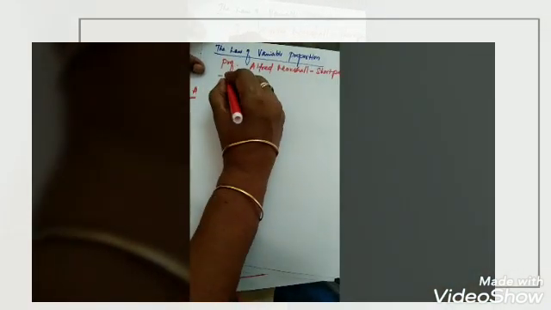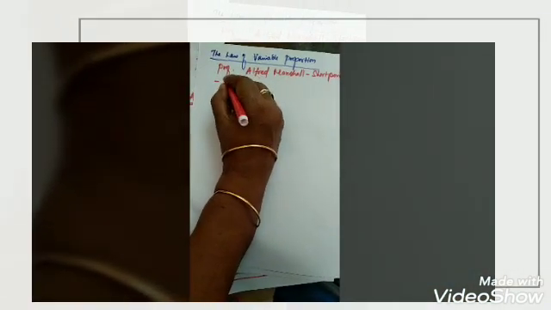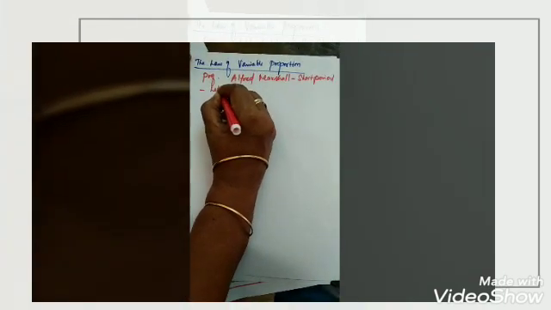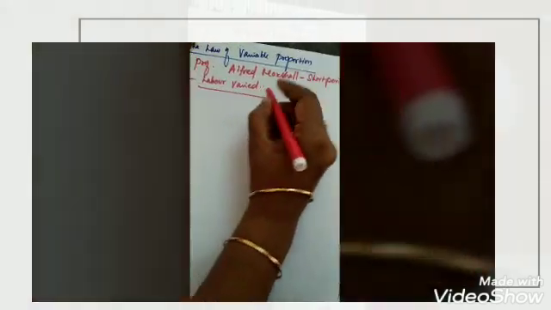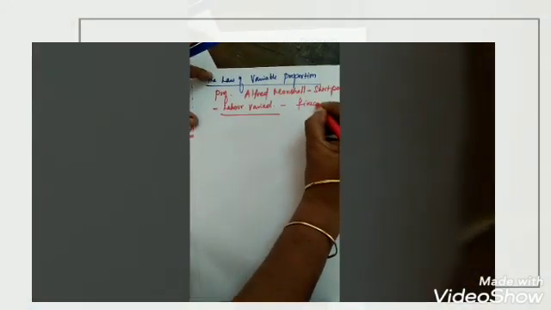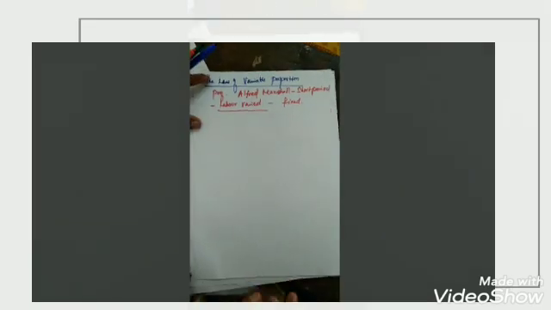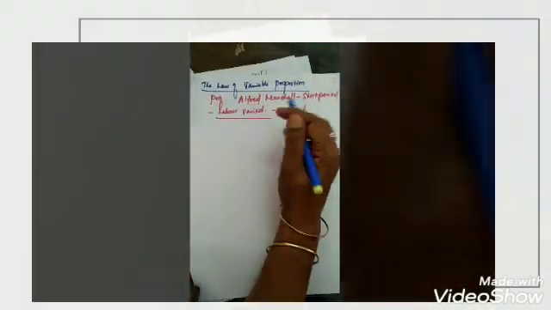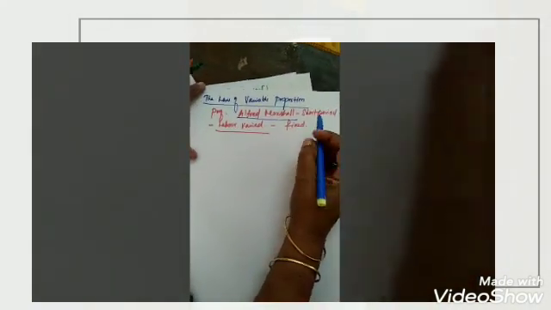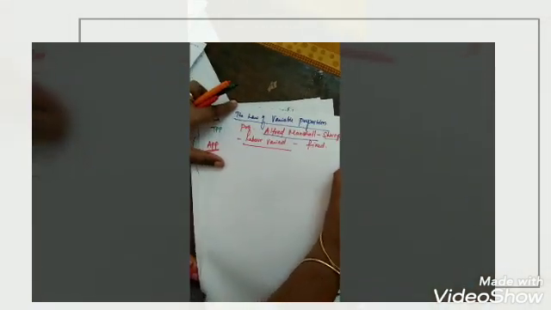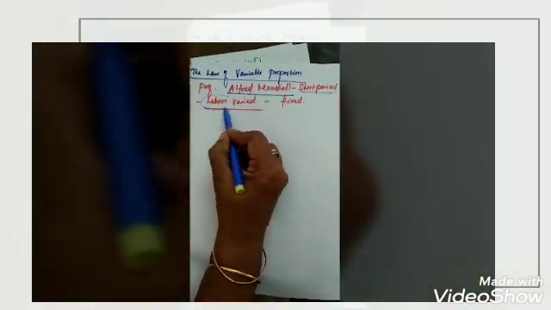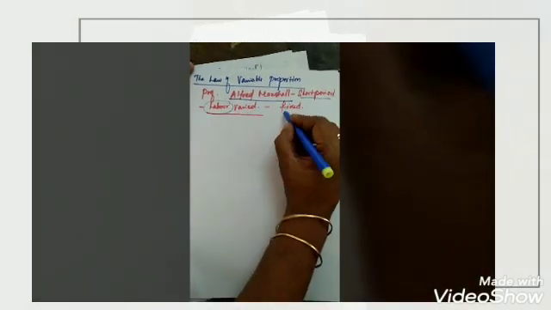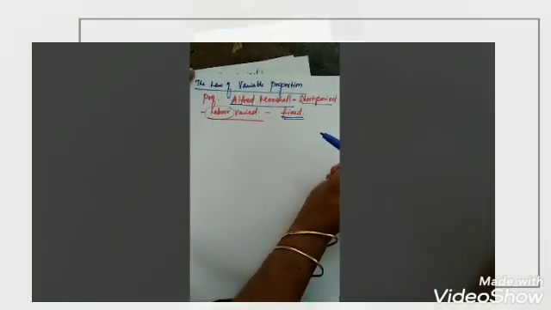Here also we will keep the labor alone varied, but other factors of production will be fixed. This is applicable for the short period because we are keeping only one variable, labor, in a varied form. Other factors of production we are keeping in a fixed form.